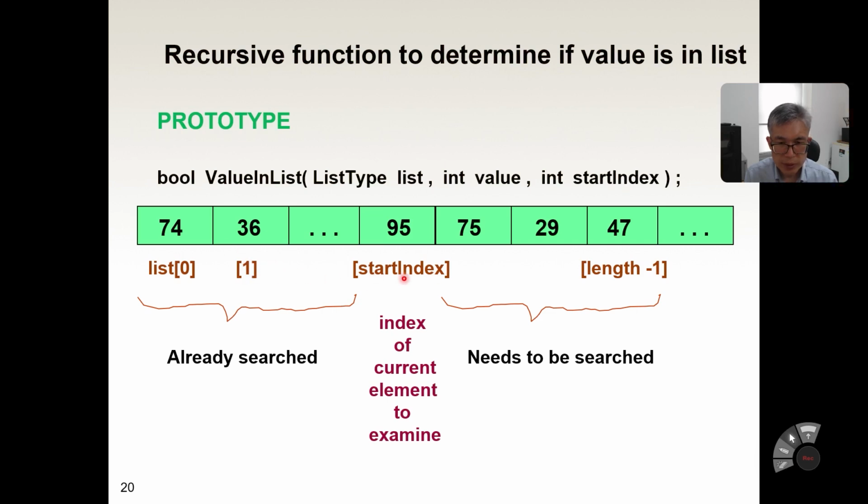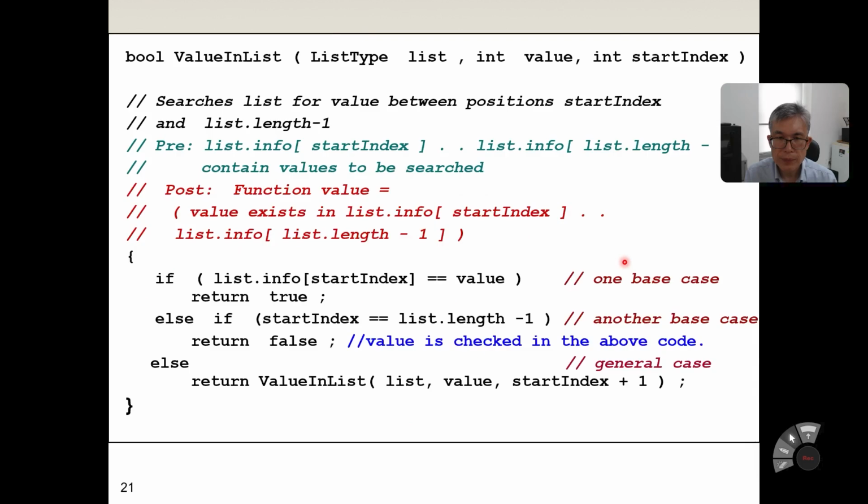In this case, the start index is the array element, 95 is the value, and the index of the current element to examine. The right-hand side needs to be searched. The length minus 1 is the end element in the list array.